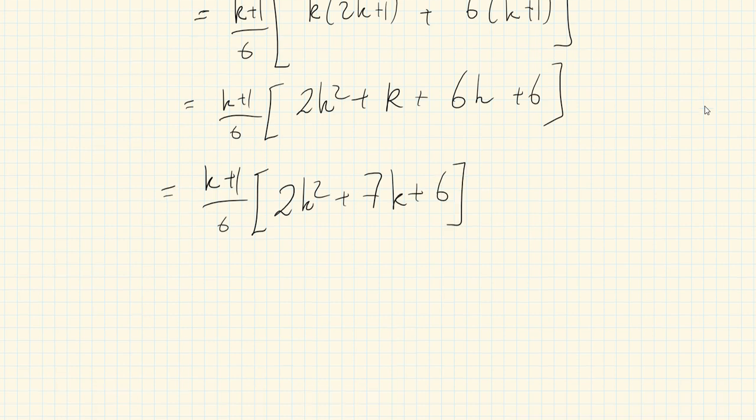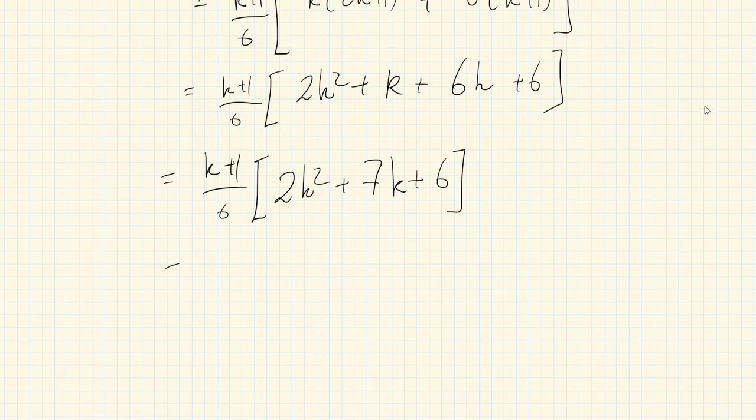Okay, and now let's factorise that. For me, when I factorise, I use a cross to help me out. And then if I do the coefficient of k squared and the constant term times together, 2 times 6 is 12. And then put the coefficient of k in the bottom, 7. So I'm looking for a pair of numbers that multiply to give 12 and sum to give 7. That's 4 and 3.